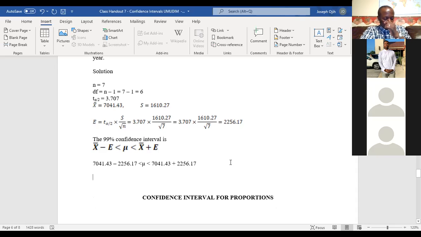So let's go to the calculator and do the first one. 7041.43 minus 2256.17. We can do it on the calculator so that we can get that side.